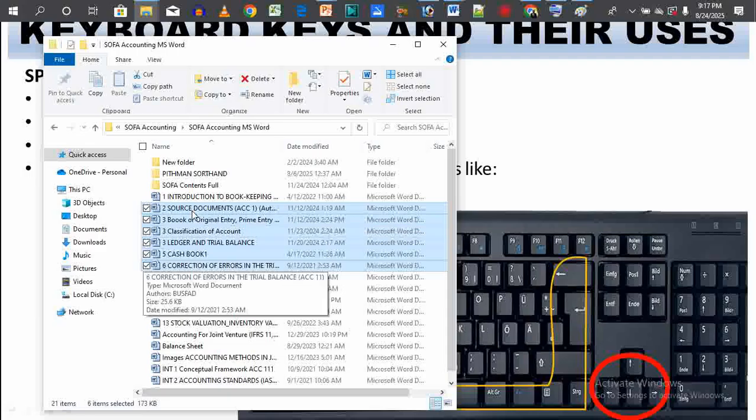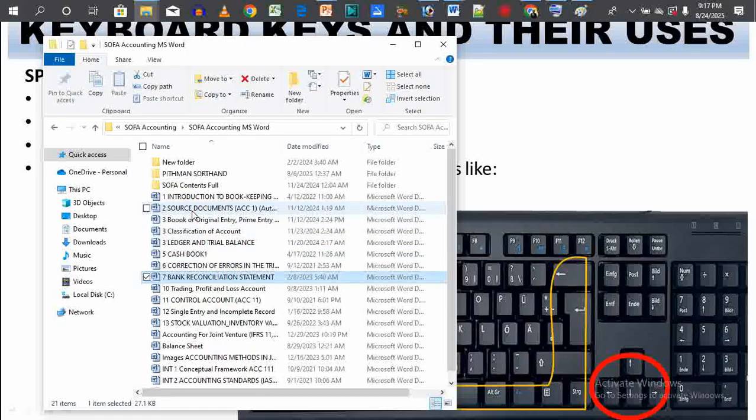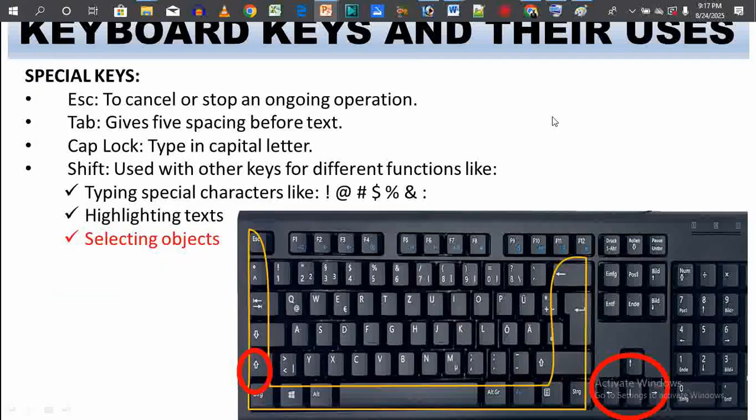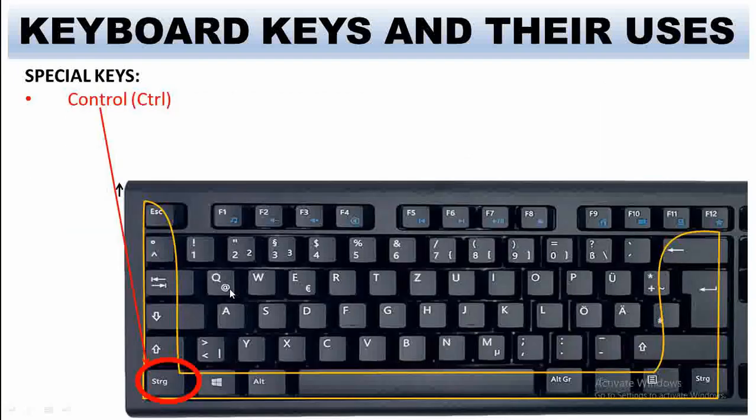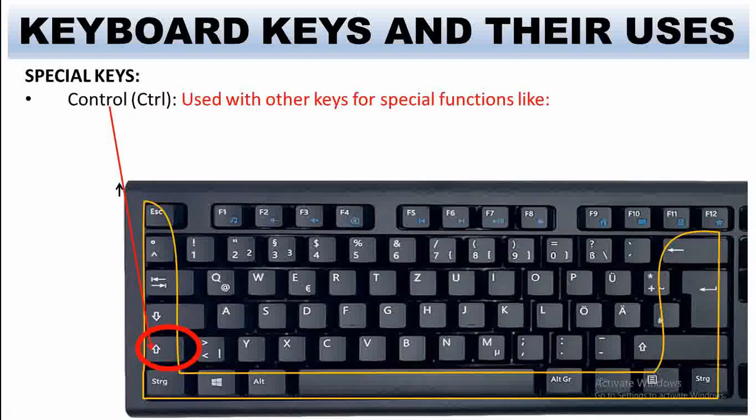If I lift my hand from the shift key and I press, all the highlight will disappear. Which means for you to highlight, you have to press down the shift key, then the text you want to highlight. Then the control key. The control key, that's the last key, is also one of the important keys that we have to understand, the special key.